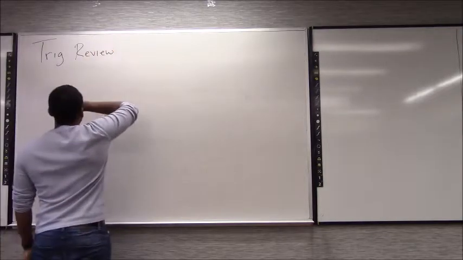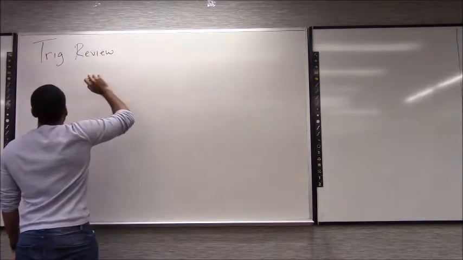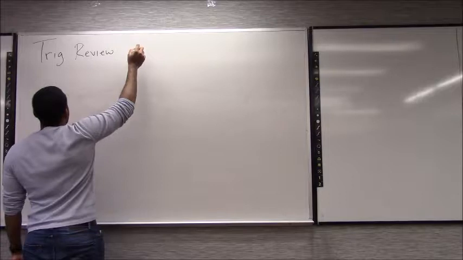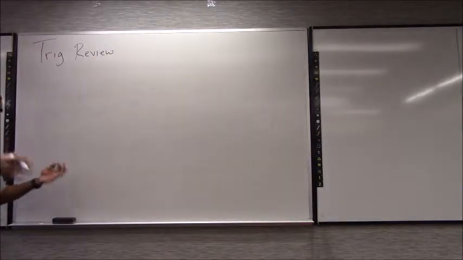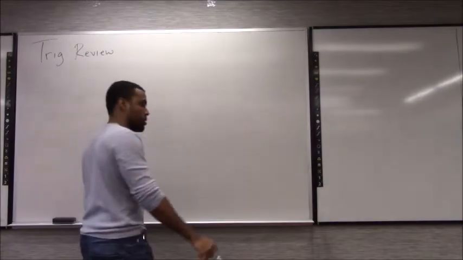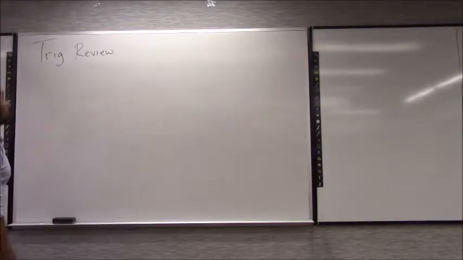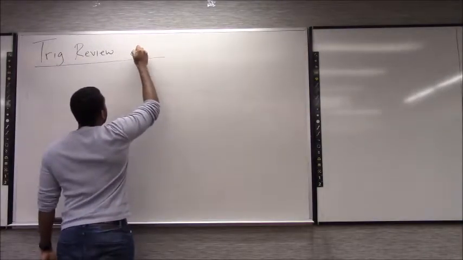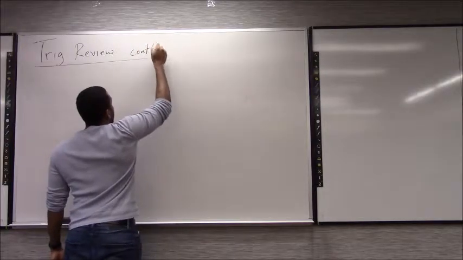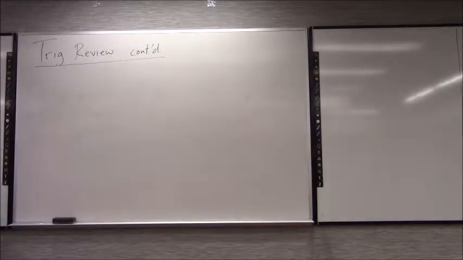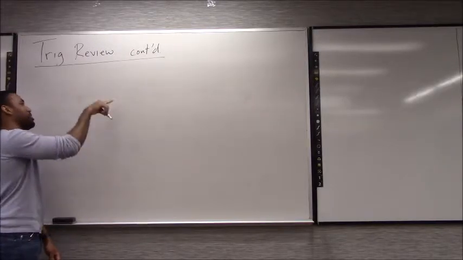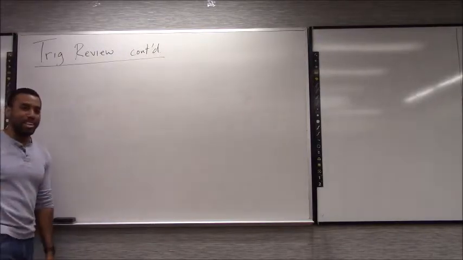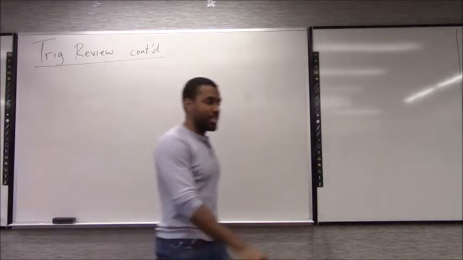Again, kind of rushing through it, but I figured that most of you guys know most of this already, and if not, I'll show you some tricks that I think are quicker than what a lot of students learn. If you're one of those people where you learned all the trig values, or your professor gave you that huge circle, and you had to remember like 24 values on that circle, very inefficient, I believe.